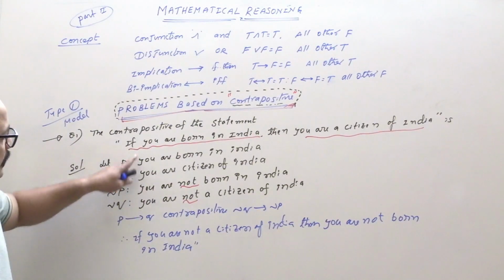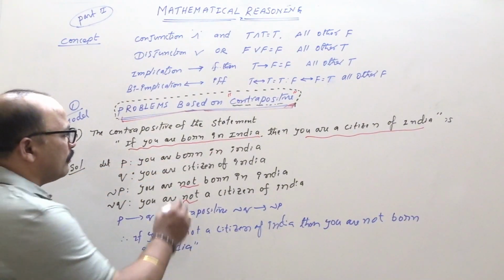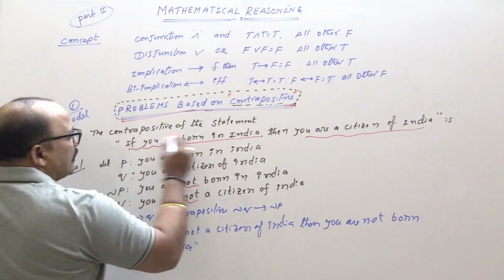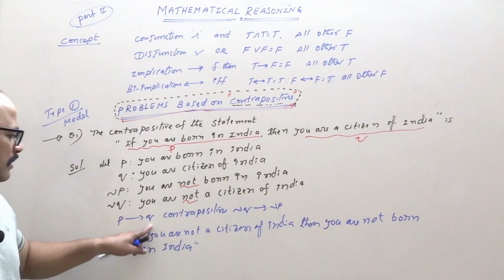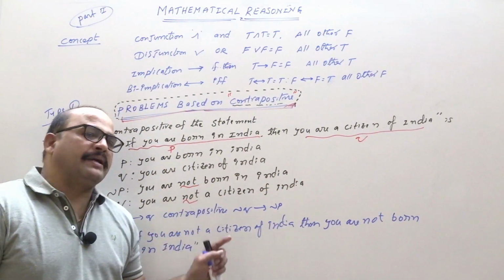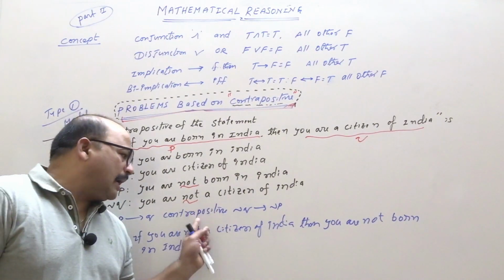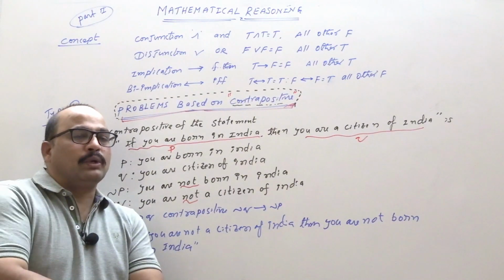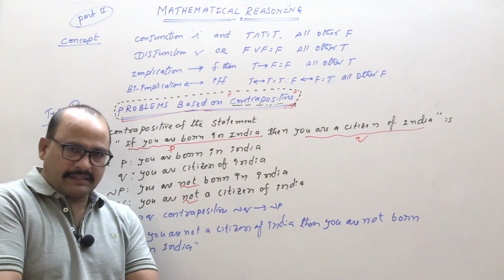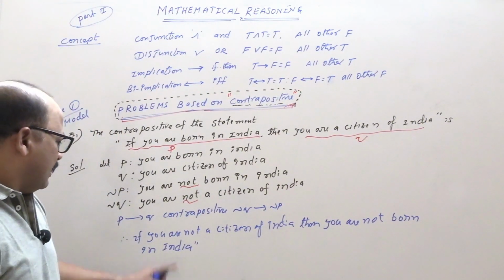Now the question is P implies Q: if P, then Q. The contrapositive is negation Q implies negation P, the opposite.